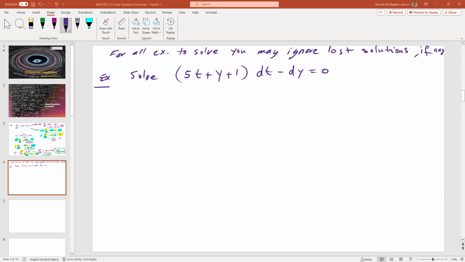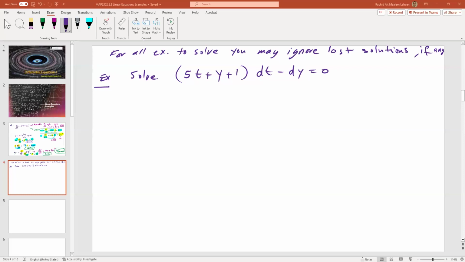Okay, so as you see mostly in software, they ignore lost solutions, if any. And we'll get to those examples. And for now, let's try to solve. And of course, at this stage, you've seen separable and linear, and you want to see what type of equation you have, and you solve.